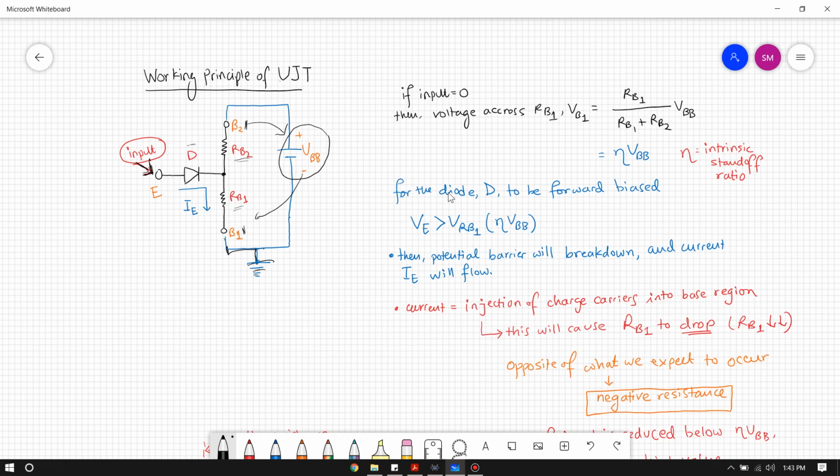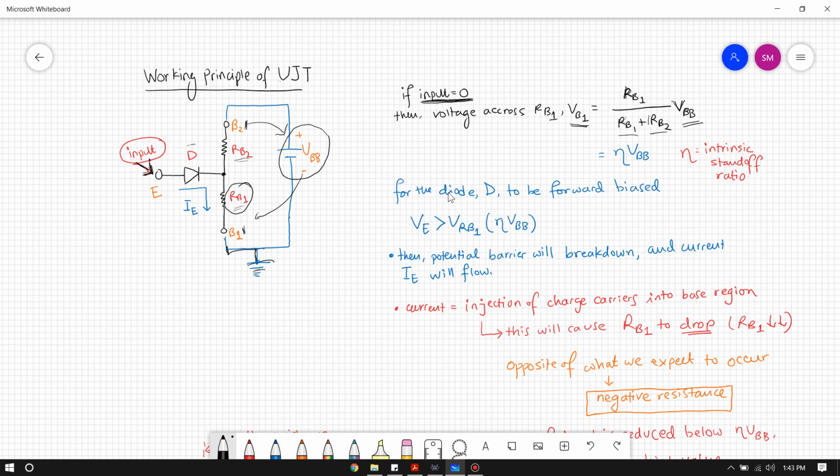Now, consider the case when we supply no input voltage, right? So when the input voltage is 0, then the voltage across RB1, if we represent it as VB1, using voltage division we can find that VB1 is equal to what? The resistance RB1 divided by the total resistance, which is RB1 plus RB2, multiplied by the bias voltage, right?